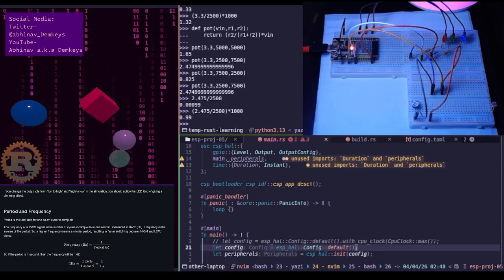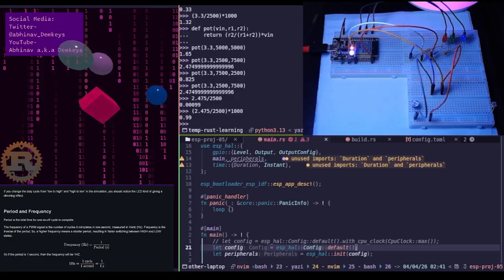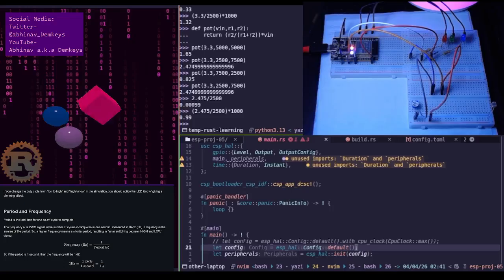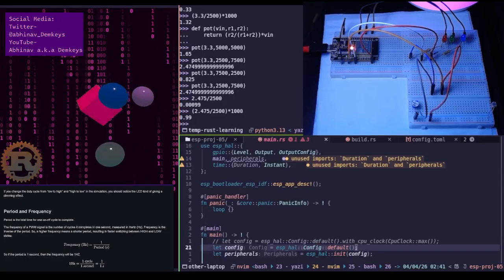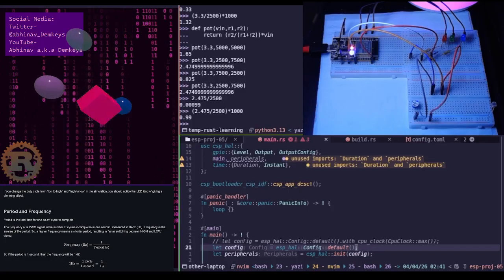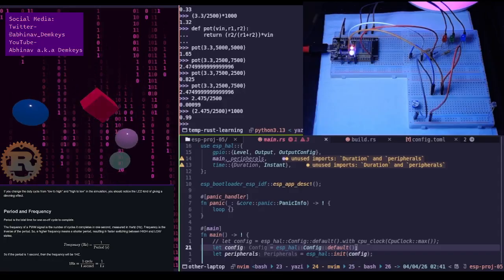Past that point, everything becomes a blur, and your brain or eye basically just starts averaging everything out. And that averaging is what we are taking advantage of when we do something like PWM.